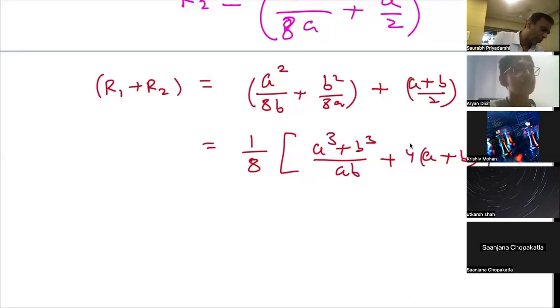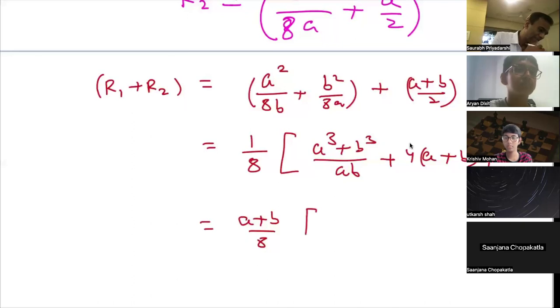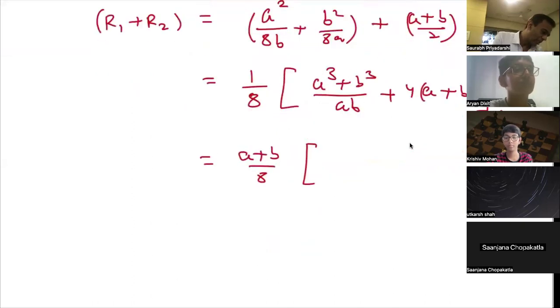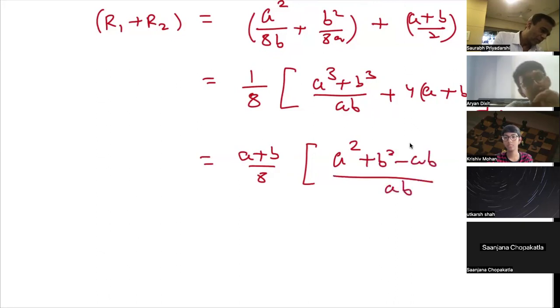Means I have to prove only this: A square plus B square minus AB by AB plus 4. Right, so this is nothing but A plus B by 8 times A by B plus B by A minus 1, plus 3. And we know that a number and its reciprocal is always greater than or equal to 2.